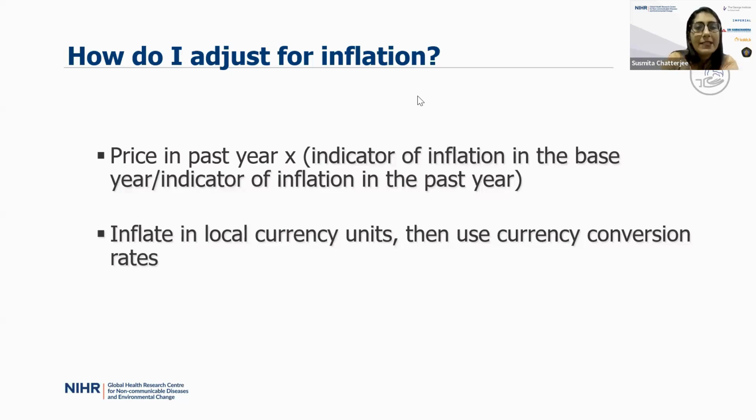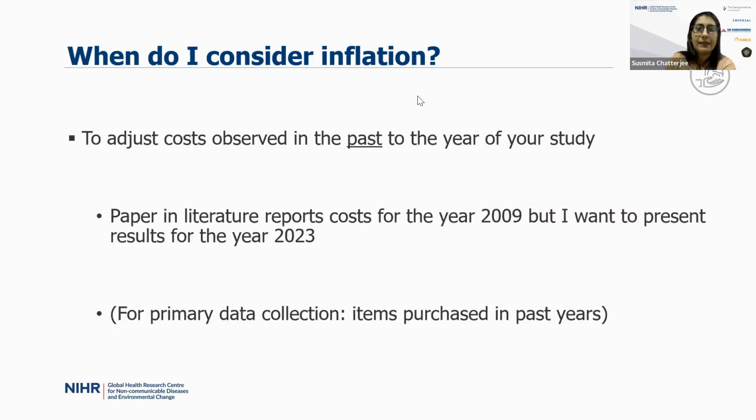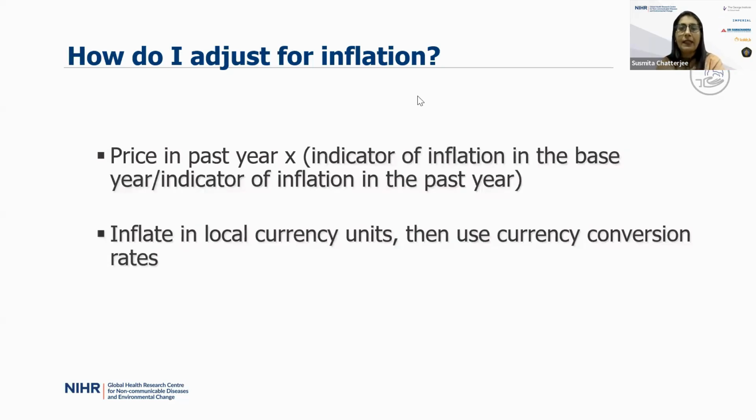So you have the price for the first year. As I said, $1. That was my price for the first year. Indicator of inflation in the base year, meaning the year you are doing the analysis, meaning 2023. And indicator of inflation in the past year. Past year is 2009 as per my previous example. 2009 was the time when I got the cost. I want to convert it into 2023.